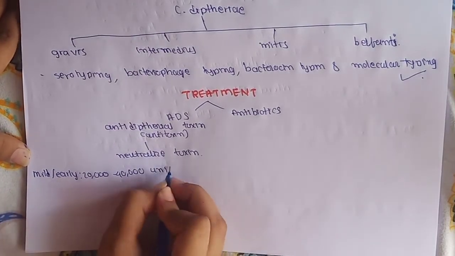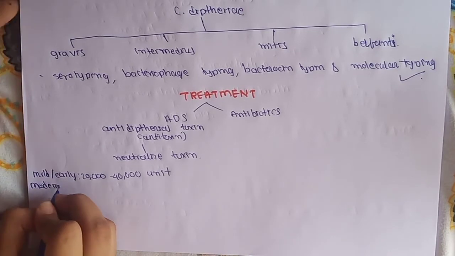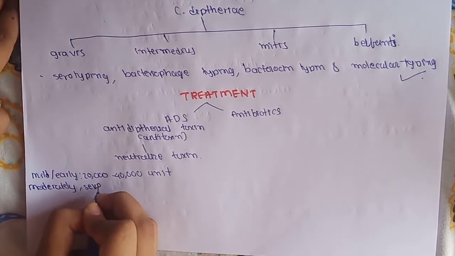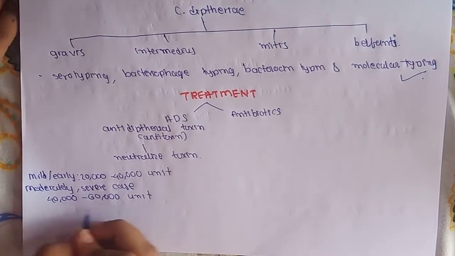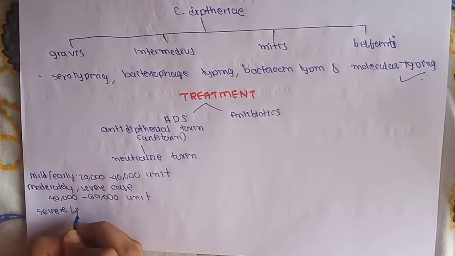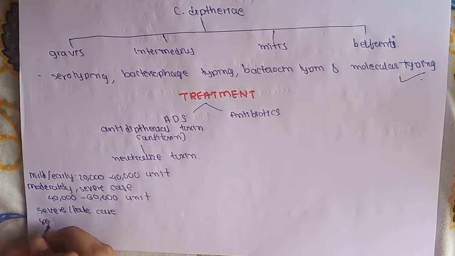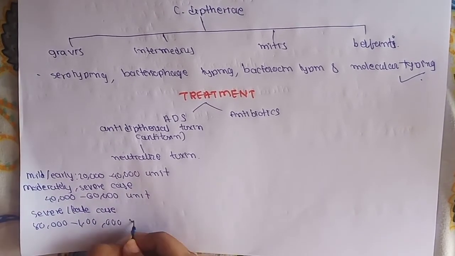If the patient is in a mild or early phase, then we give 20,000 to 40,000 units. If it is a moderate case, then 40,000 to 60,000 units, and if it is a severe or late case, then we give 80,000 to 1 lakh units.